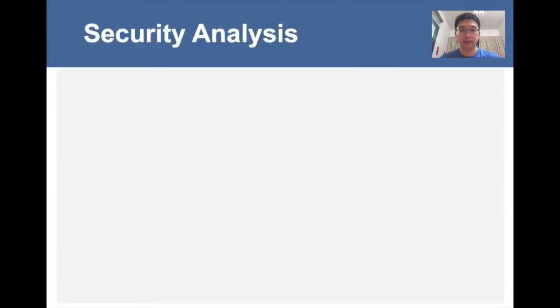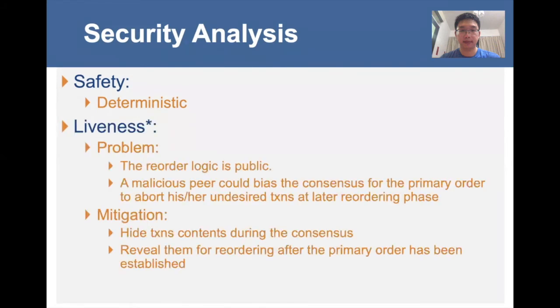Suppose safety and liveness hold in the original consensus. We argue that our reordering preserves safety as it is deterministic. No honest peers will diverge as long as they perform the same reordering procedure under the same identical transaction stream. However, liveness can be compromised as the reordering logic is public.